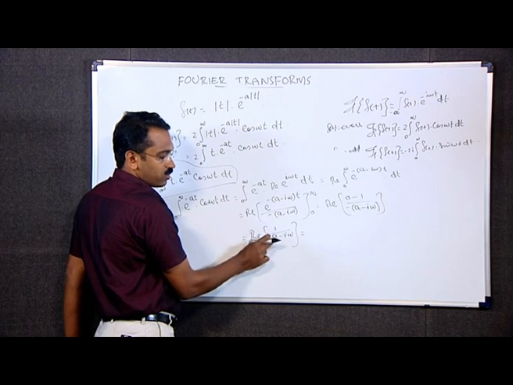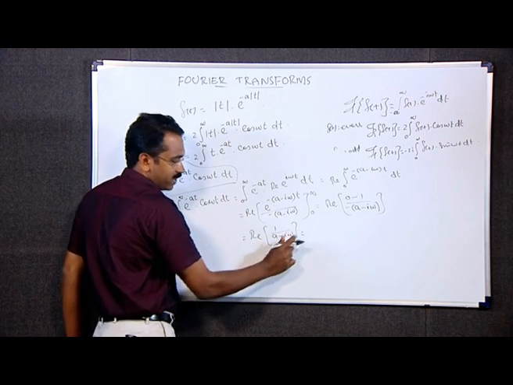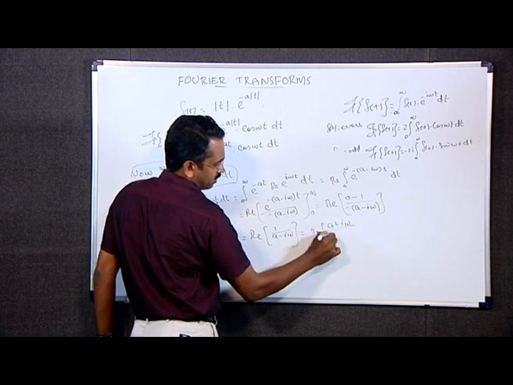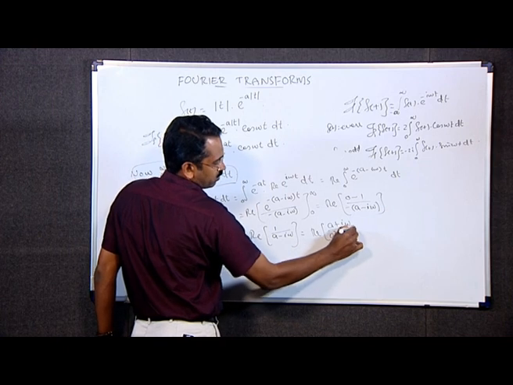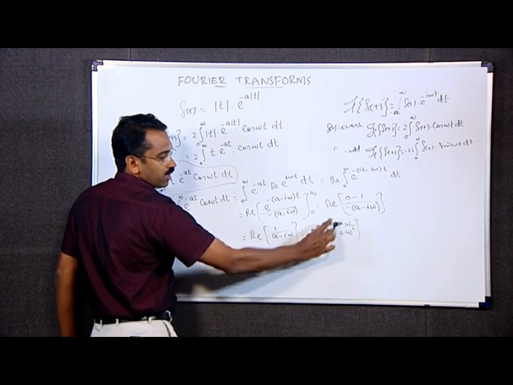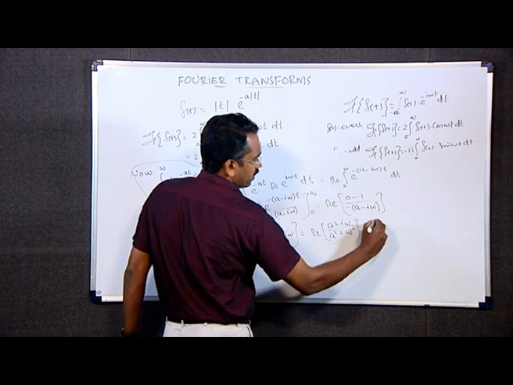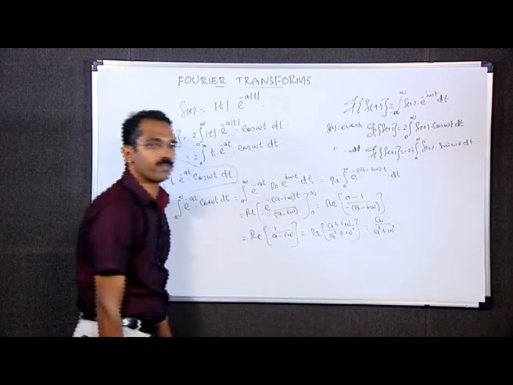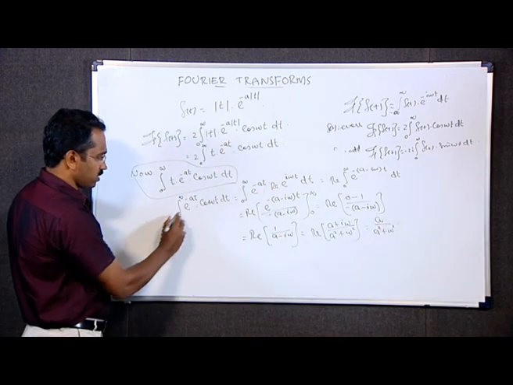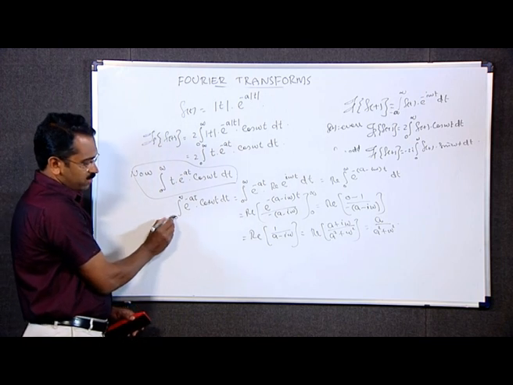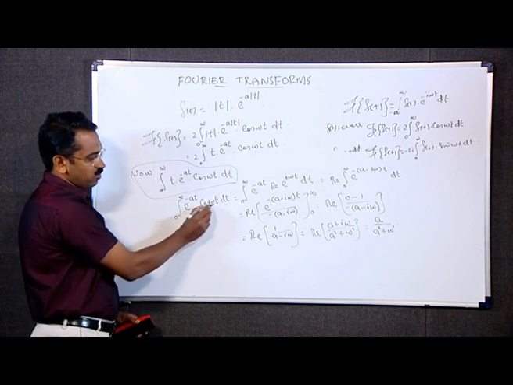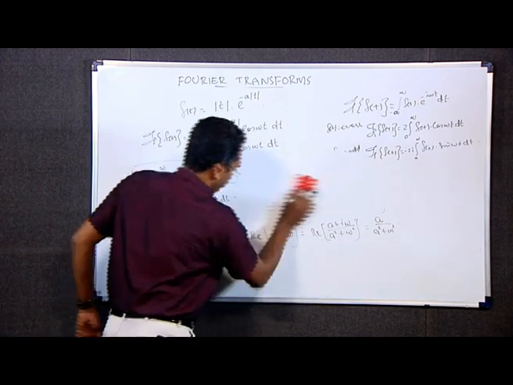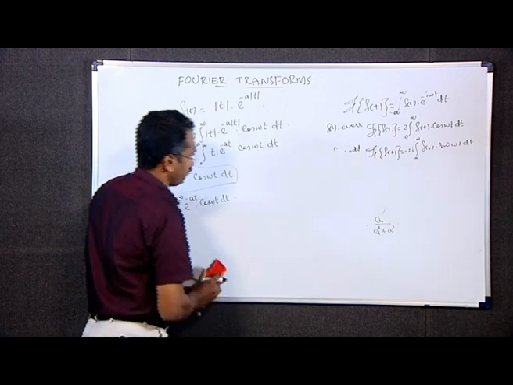Multiplying both numerator and denominator by the conjugate of (a minus I omega), we get the real part of (a plus I omega) divided by (a square plus omega square), and the corresponding real part is a by (a square plus omega square). That is, this integral from 0 to infinity of e raised to minus a t cos omega t dt is a divided by (a square plus omega square).